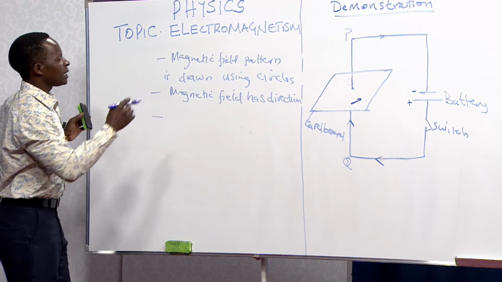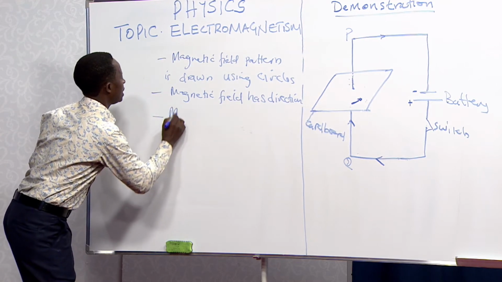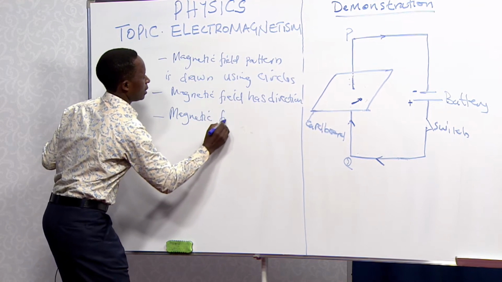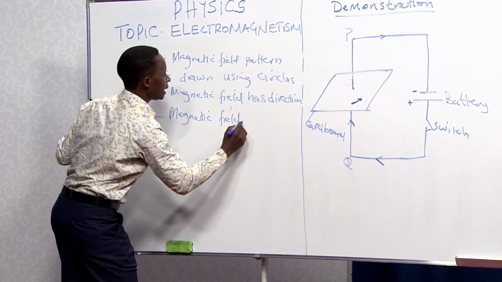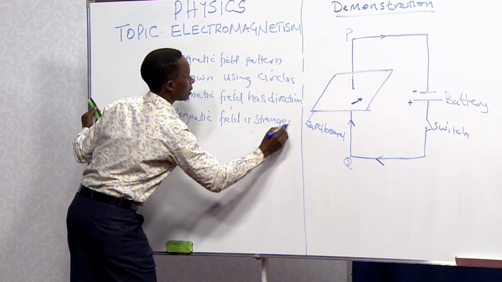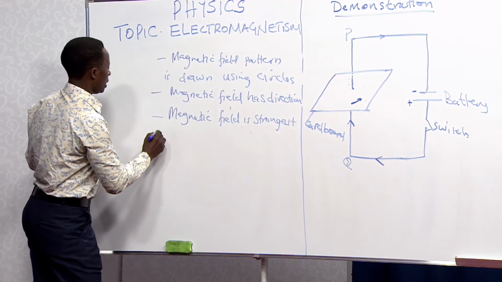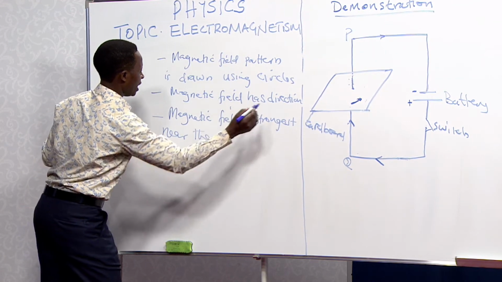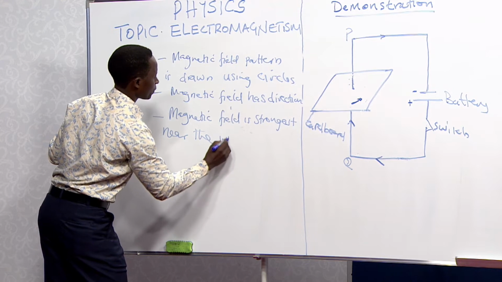Meaning that the magnetic field, in this case, is strongest near the conductor or near the wire PQ.